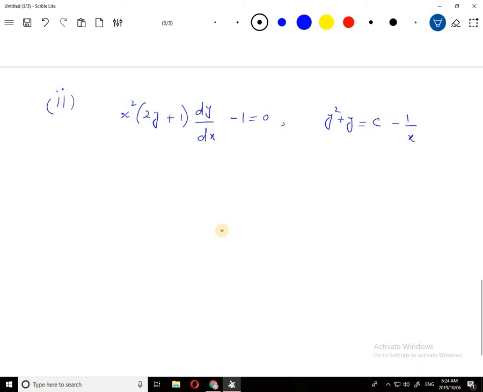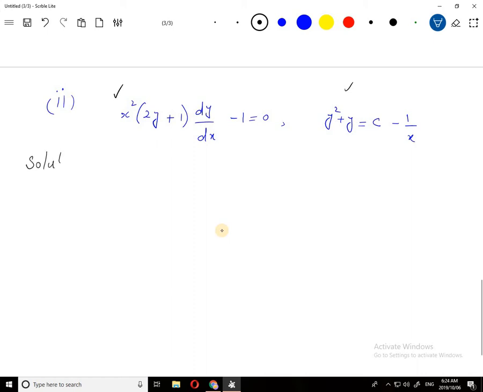Okay, this is the question and this is the answer. Let's see, this question yields the same answer as given against the differential equation. Let's start.